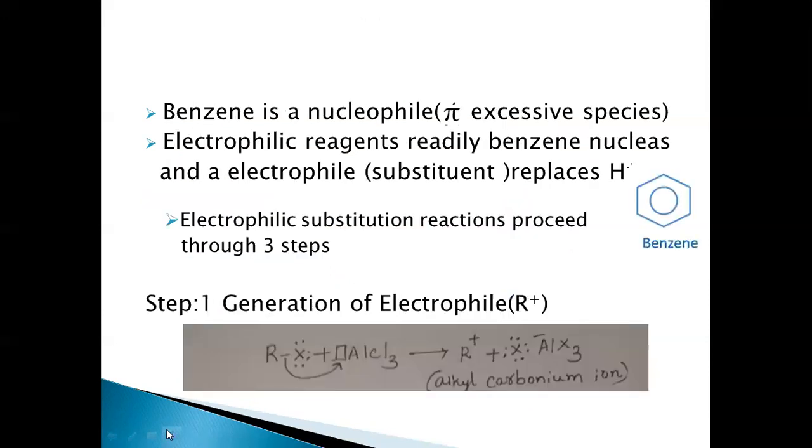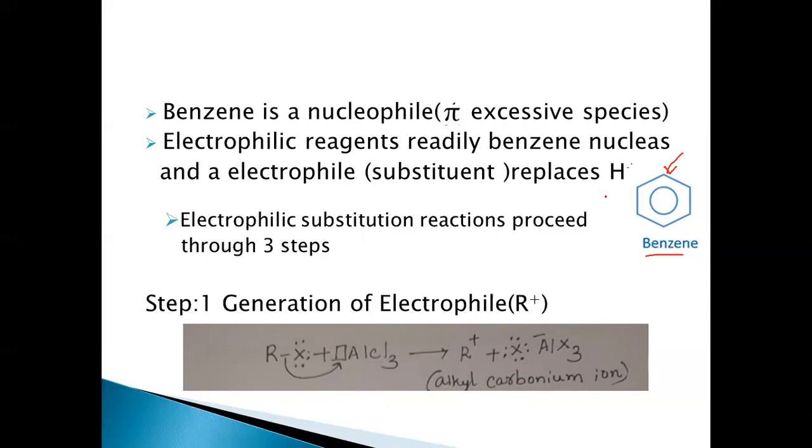Let's see the mechanism in detail now. We know that benzene is electron rich. It acts as a nucleophile; it's a pi excessive species. This benzene has a pi cloud above and below the plane of the benzene ring, so an electrophile can easily come and attack this.